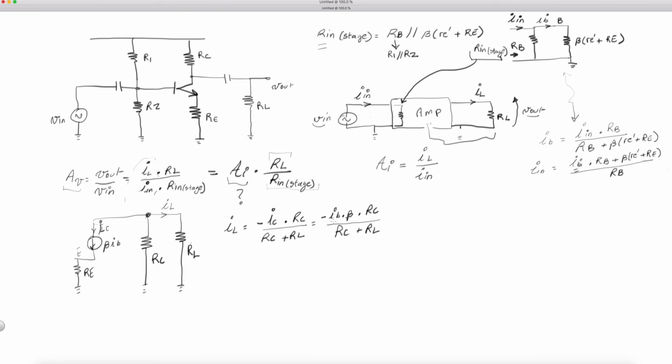Well, this is good because I have an IB element here. Then we can do something with that. And what can we do? Oh, by the way, this is times all of this. Right? So it's IB times all of this.